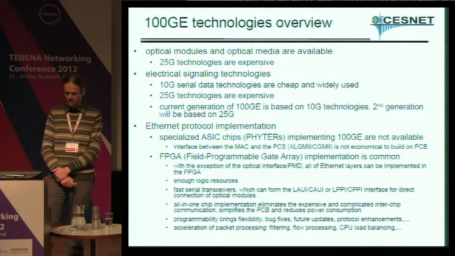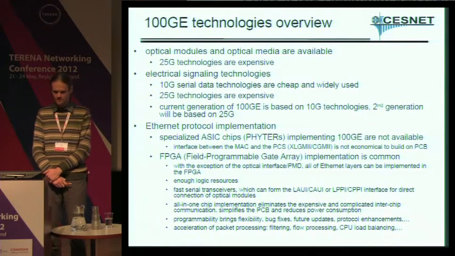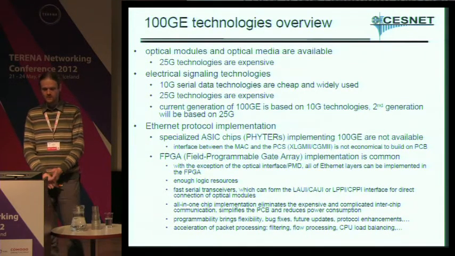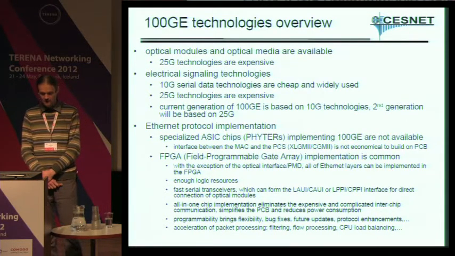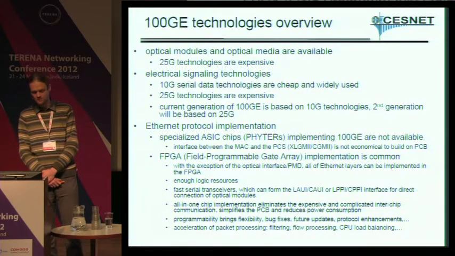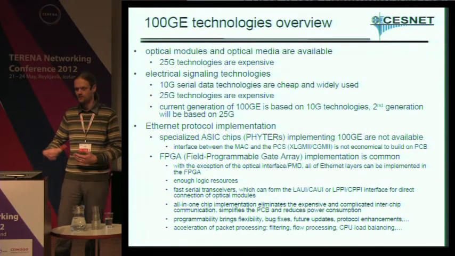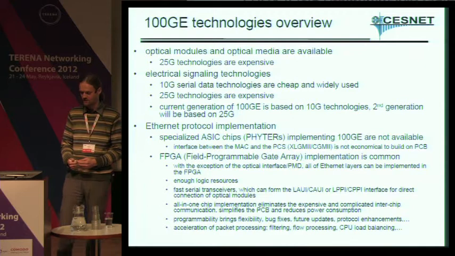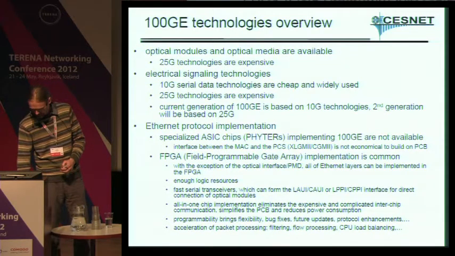Also, all-in-one chip implementation eliminates the expensive inter-chip communication, and there are also the general advantages of FPGAs, the flexibility, the option of future updates, and also the possibility to do some acceleration of the operations you want to do with the traffic, like filtering, flow processing, CPU load balancing. I will mention that later.